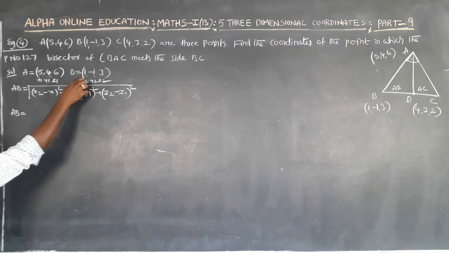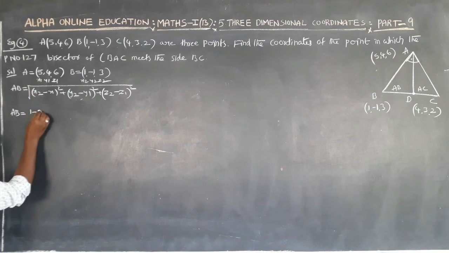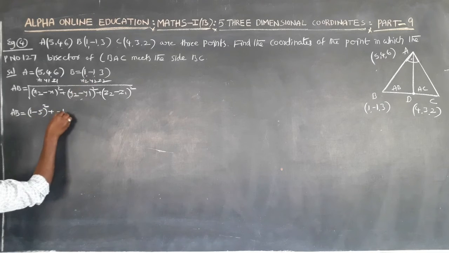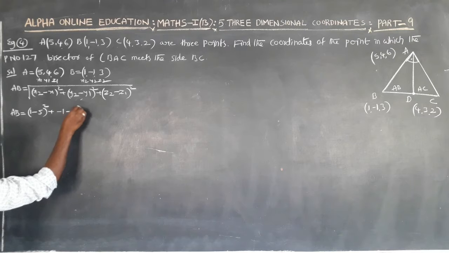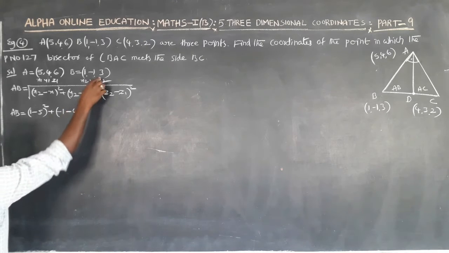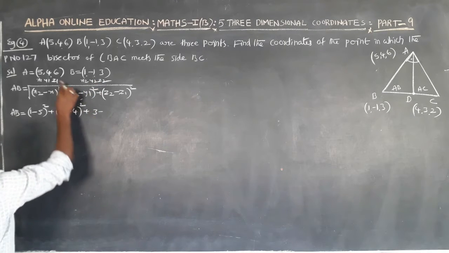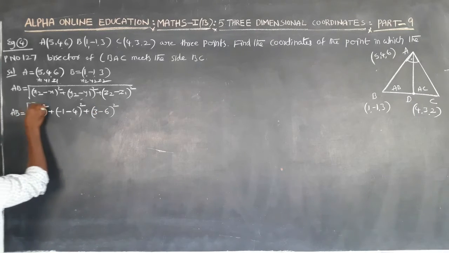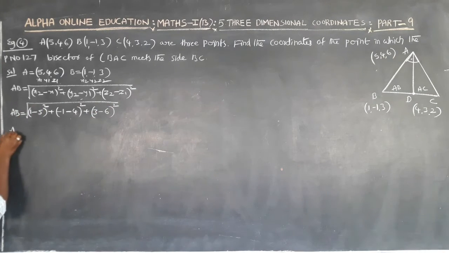AB is equal to the square root of (1 minus 5) whole square, (minus 1 minus 4) whole square, (3 minus 6) whole square.